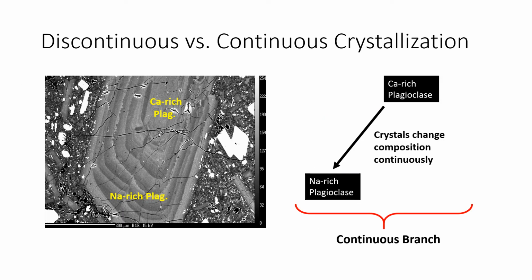Here it's a little bit different, and we know this, and Bowen realized it as well, when we focus on the actual composition of the central core of a plagioclase crystal here versus the outside of the plagioclase crystal. Keep in mind, this entire crystal that you're seeing is plagioclase from the inside to the outside.